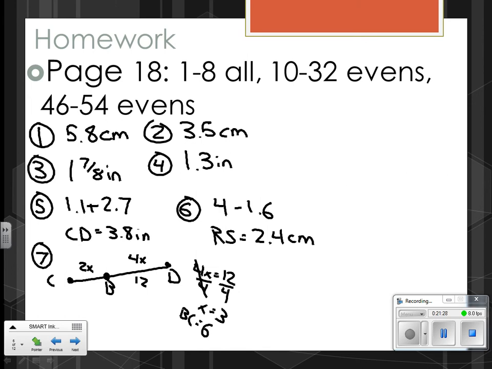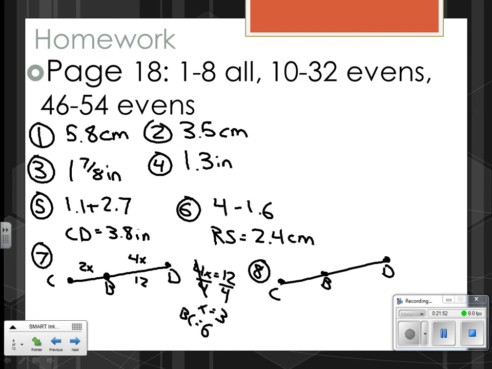Any questions on that one? Okay, one more. Number 8. Do I have a drawing? No, so I need to make it, but I'm going to use the exact same one I just did. We got C, B, D. We're still under the same set.